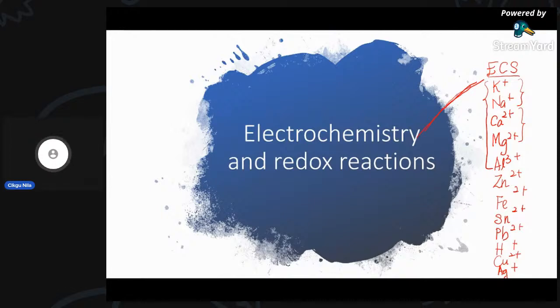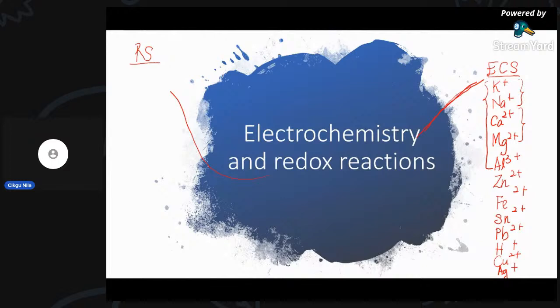Under the chapter of redox reaction, you have to know the reactivity series. The reactivity series shows the reactivity of the metals. It is quite similar to ECS, just that you have the addition of carbon and hydrogen in it.